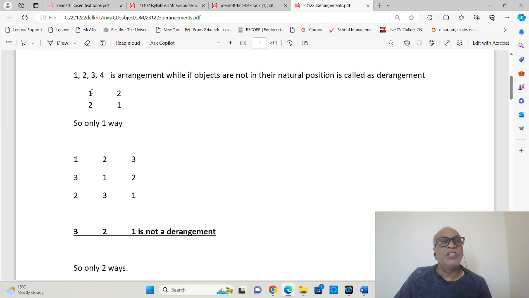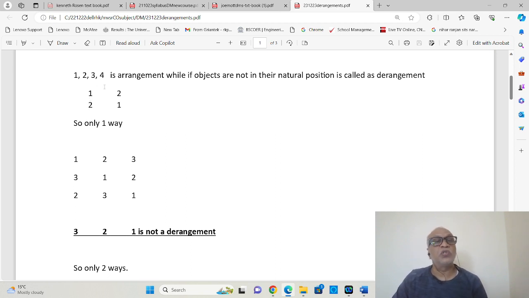But what is the derangement for 1 and 2? 1 should not be in 1's position, 2 should not be in 2's position. So instead of 1 we have 2 now, instead of 2 we have 1 now. This is the example of derangement for this first row, 1, 2.